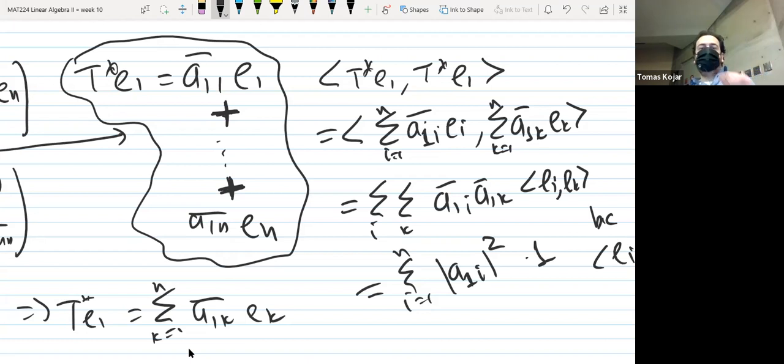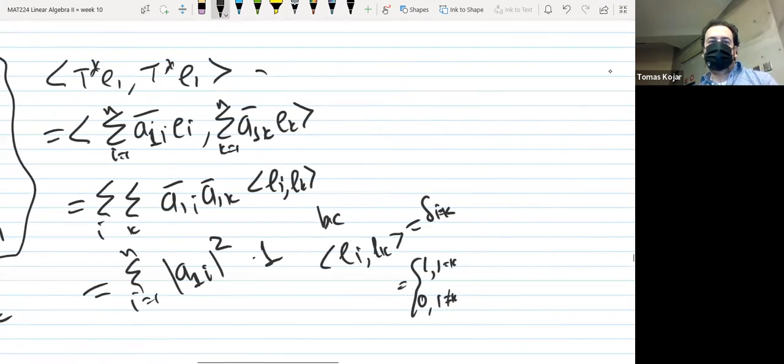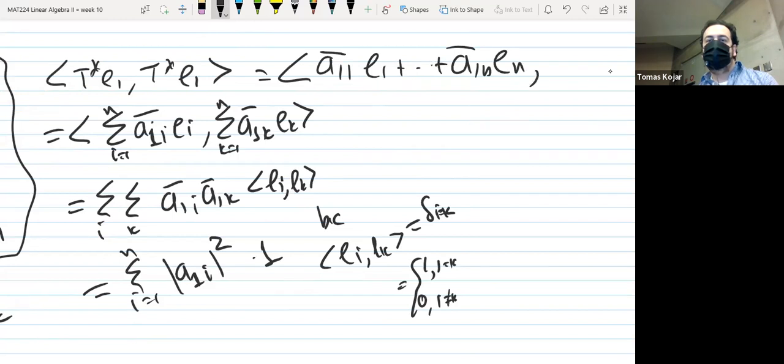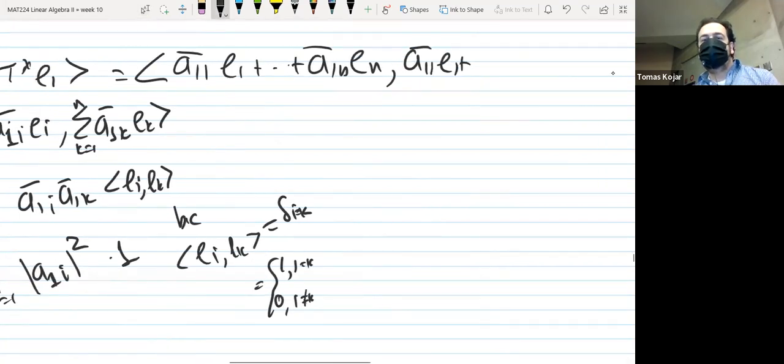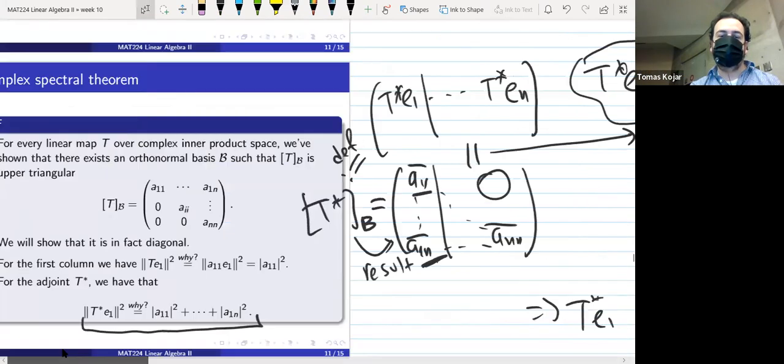Let me see. No, it's not from the matrix. This is calculus. So you have A1N En, and then E1 all the way to En. You know what? We should talk about this at the end. I don't have time. Once you do the crossing, you will get the thing. You can just come.